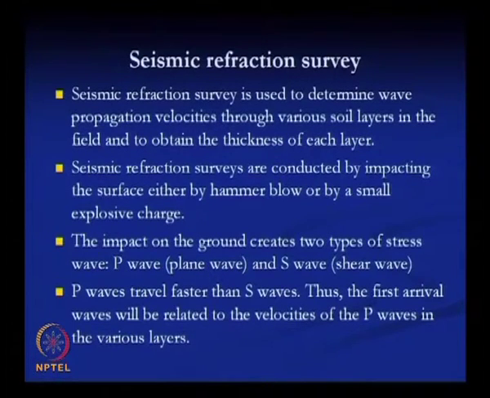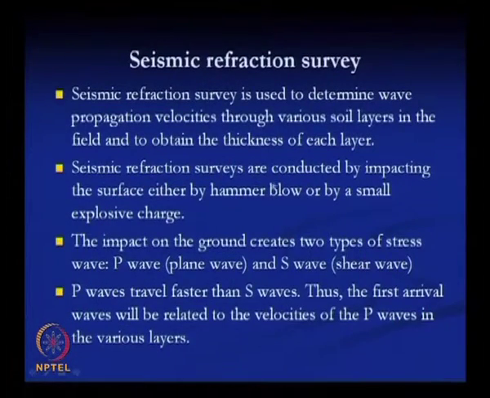Seismic refraction survey is used to determine the wave propagation velocity through various soil layers in the field and to obtain the thickness of each layer. So, using this surveying method, we can determine the velocity of the wave passing through that medium and the thickness of each layer through which it passes.